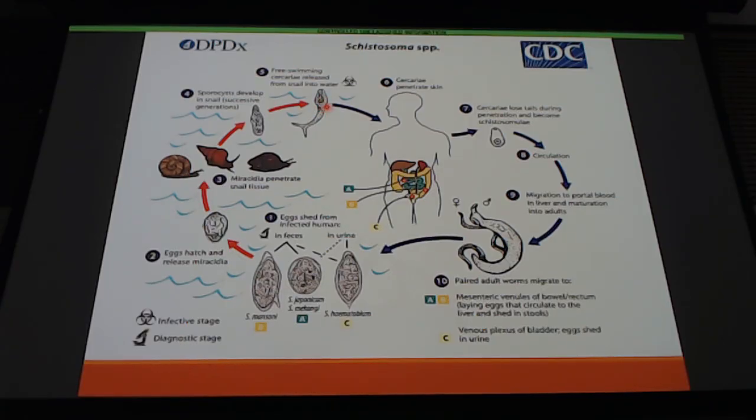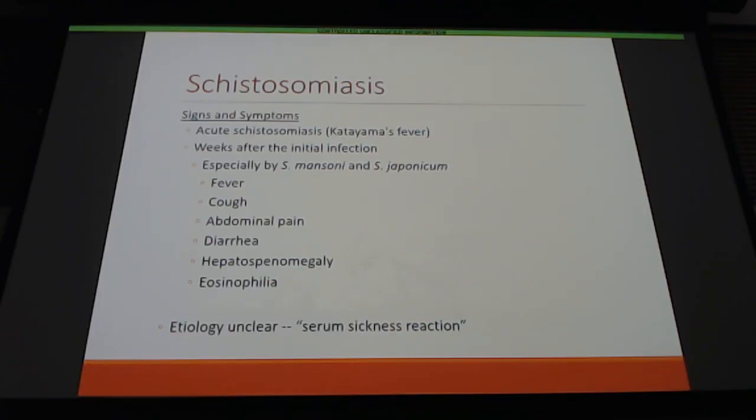This tail falls off, and just this little area right here is what gets penetrated into your skin. Okay. And then it penetrates your skin, it goes through the circulation until it finally finds migration to the portal or liver or maturation, where it matures, hatches, and does whatever it's going to do. Okay? So remember, each one likes to hang out in different places, right?